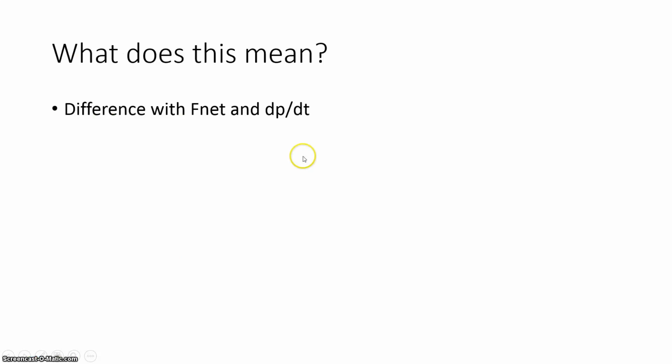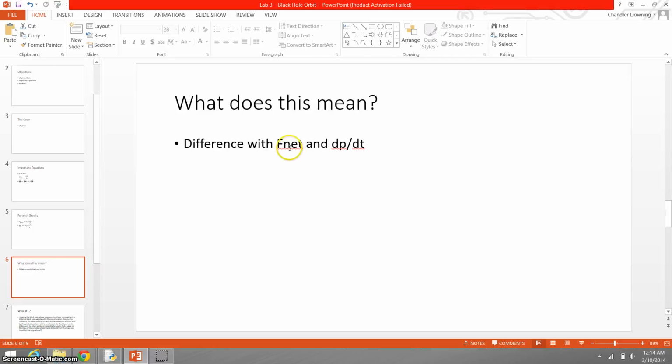So now we need to answer the what does this mean question. So we need to explain why Fnet and dp/dt are different. So in this case, Fnet is the force acting on the star orbiting around. So that's the force of gravity. And dp/dt is the result, or the momentum change, after the force is acted on the star. So since this isn't 100% perfect, some of the force is going to be put out in other forms.